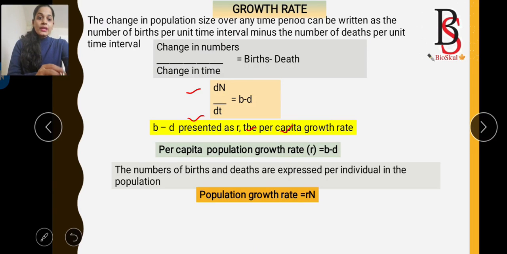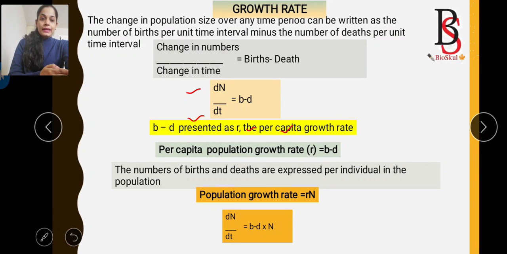So the population growth rate equals rN. If the question is about population growth rate, then the formula is rN.